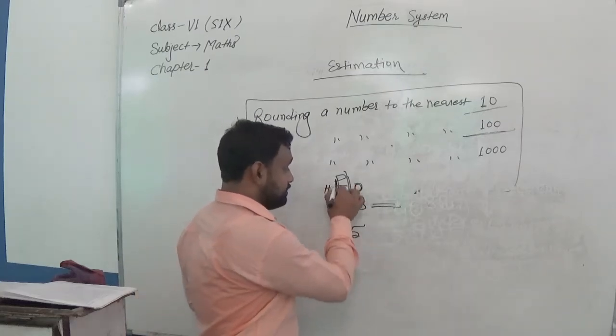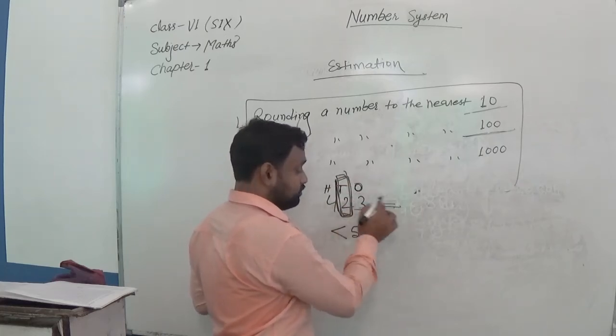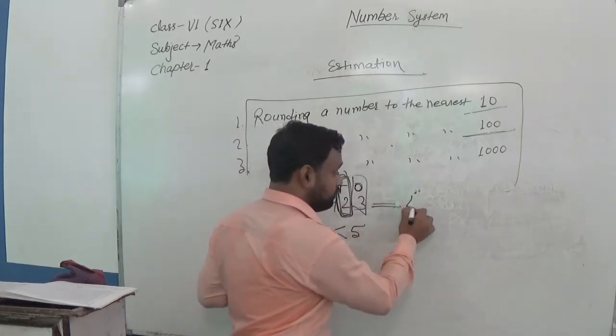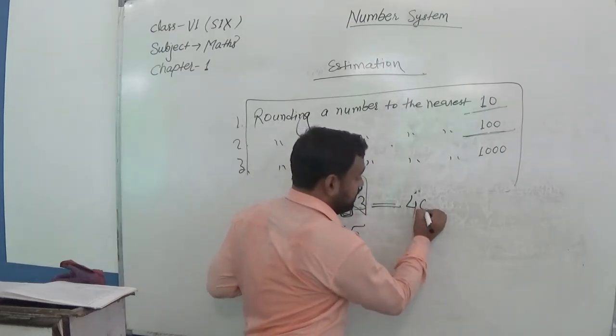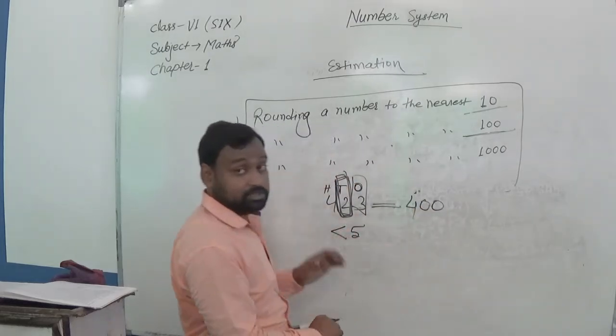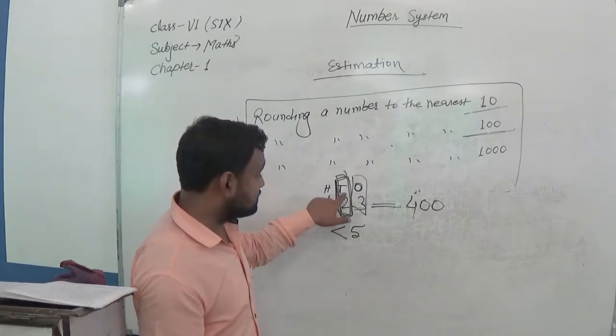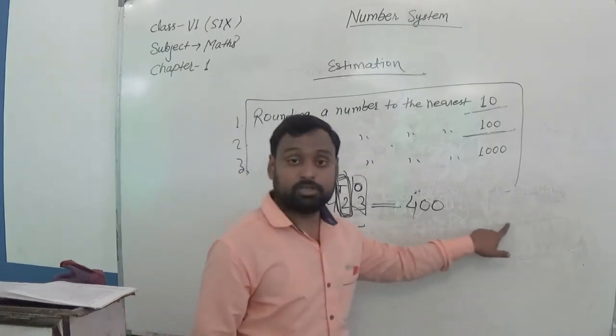In that case, 4 remains unchanged, and this digit and this digit will both be replaced with 0.